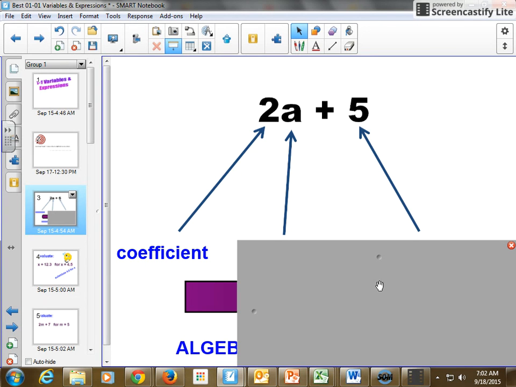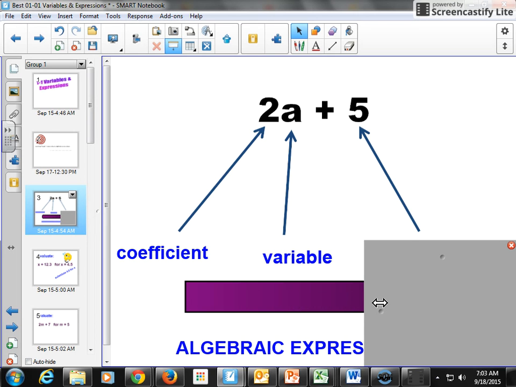It's being multiplied. Even though there's not a sign there, it implies multiplication. And 2 has the name coefficient. So write the word coefficient, draw an arrow up or down to that number 2. Coefficient is a number. It multiplies a variable. Second comes the variable. That is, in this case, our letter a.